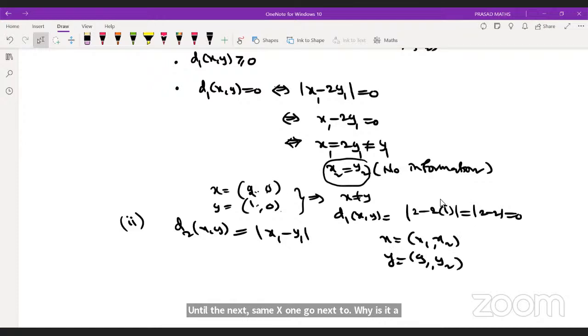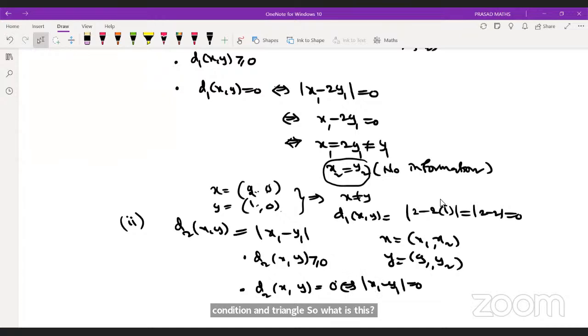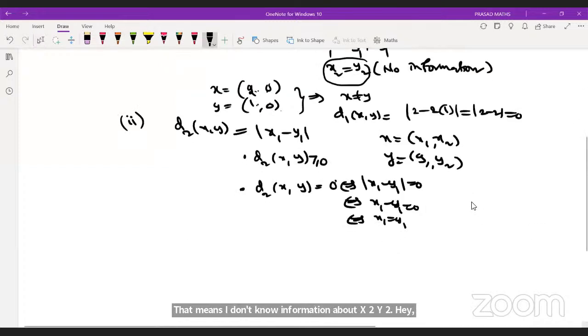So again, there is no problem with non-negativity because modulus is there. The problem is only with the second condition and triangle inequality. So this is 0 if and only if mod of x1 minus y1 is 0. That means x1 minus y1 is 0. That means x1 is equal to y1. That means I don't know information about x2, y2. Yes or no? I don't know information about x2, y2.